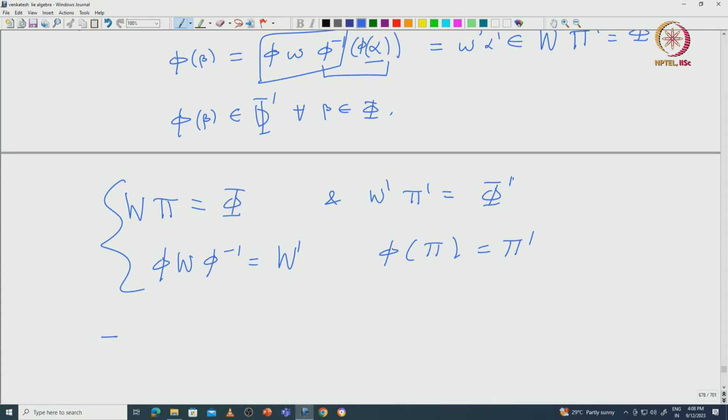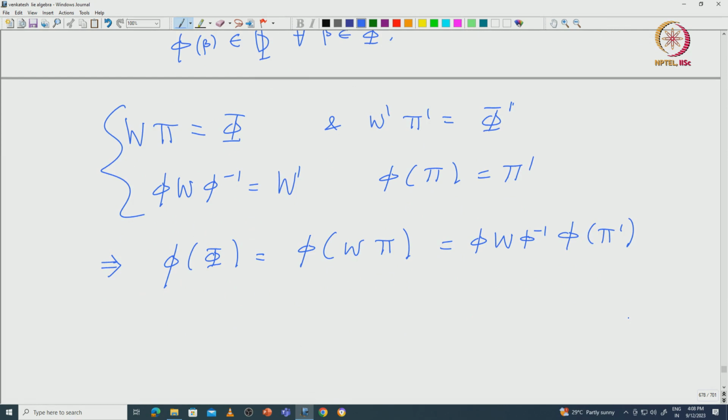So this information immediately implies that if you apply π on Φ, we get exactly π(WΠ), which is W' π(Π), which is W'Π', which is Φ'.